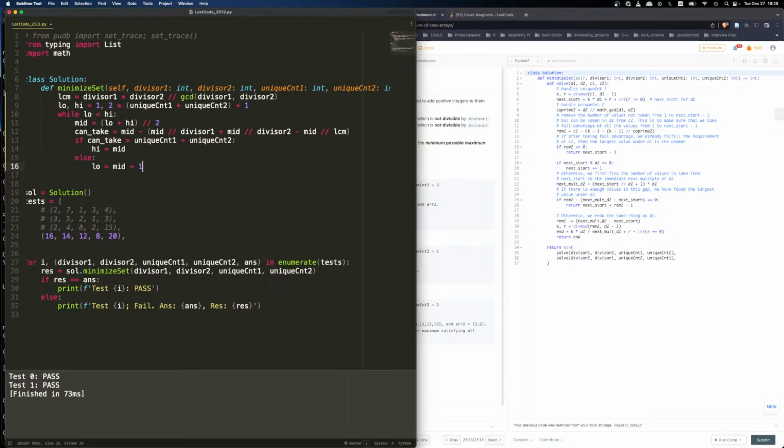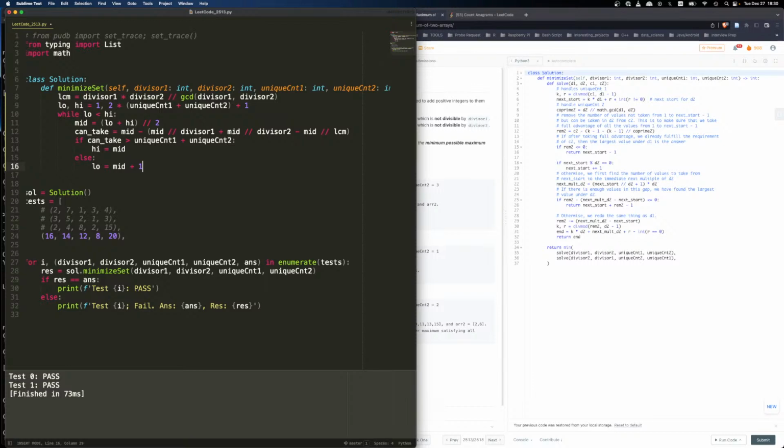Okay, we guarantee it's going to be equal then. If can take is smaller, then it will be this plus 1, right? Because this plus 1 will cause it to come out.